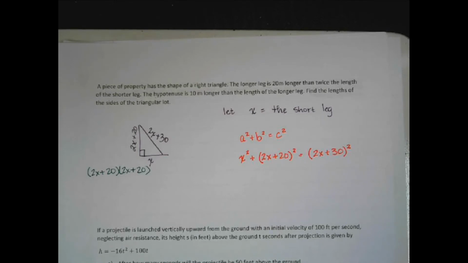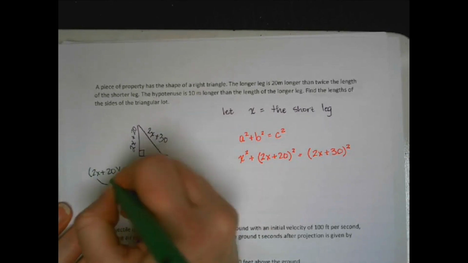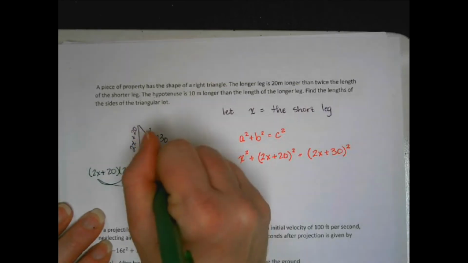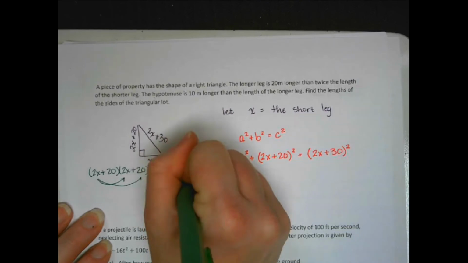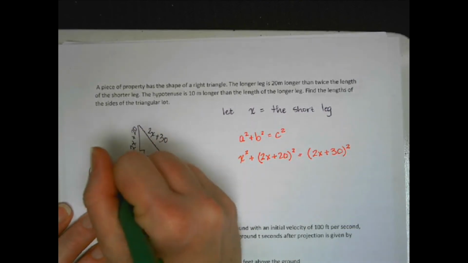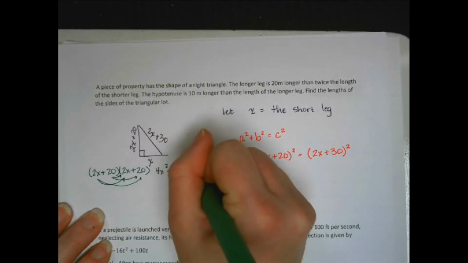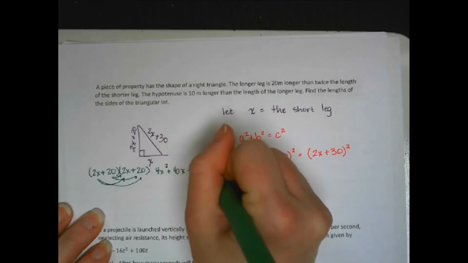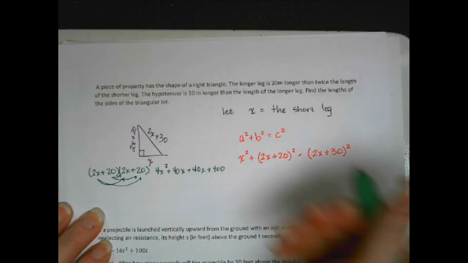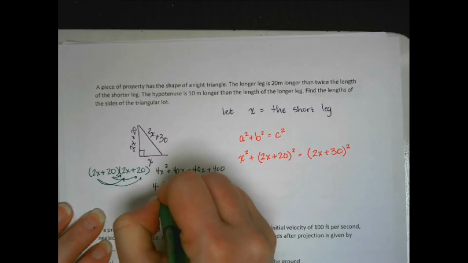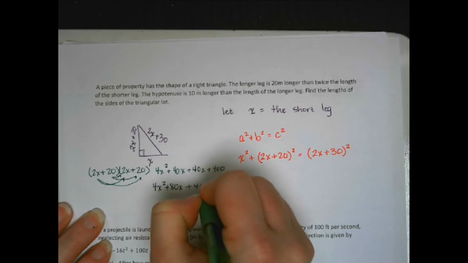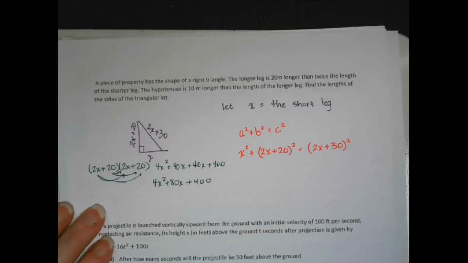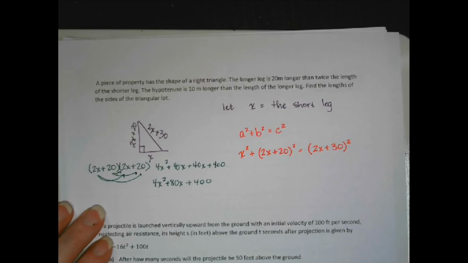So I have to square all of it. All right, so I got 4x squared plus 80x plus 400. I have to do the same thing with the 2x plus 30 piece.